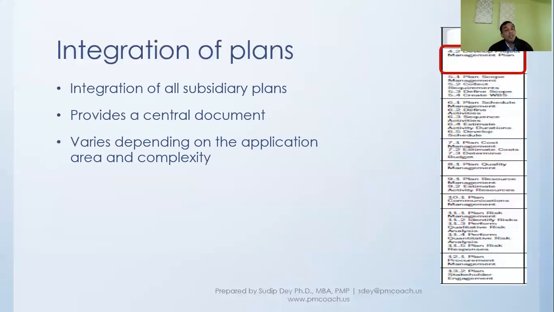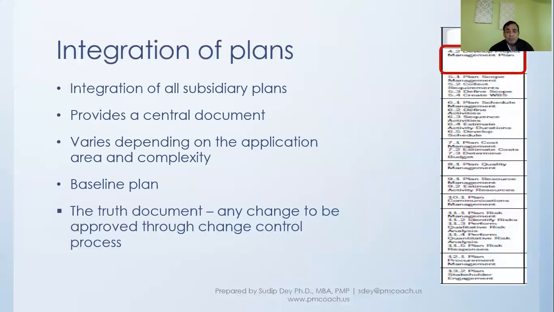And we talked about tailoring before. What it really means is that the way we bring them together, the details that we have, which processes are to be involved, and which subsidiary plan is relevant and how much of it is relevant, will depend on the application area and the complexity of the project. And this will, again, give a baseline plan.